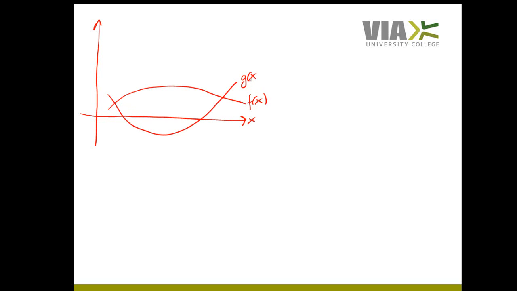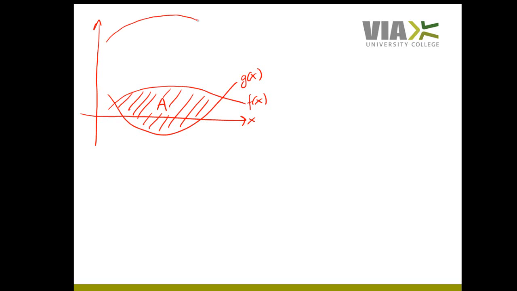Let's consider that we have a function f(x) and a function g(x), and we should calculate the area which is bounded by these two graphs. So that will be this area. I can label that A here. Then we do it in the exact same way as we just saw for the previous example, because if we make a parallel displacement of this area up here, that means that we add a constant c to the function f(x).